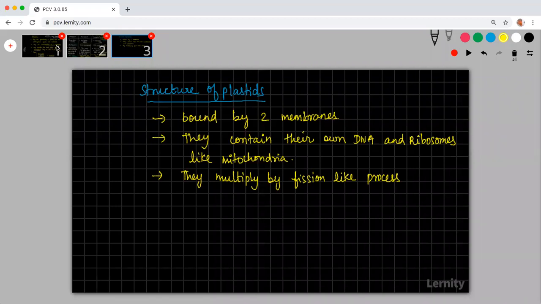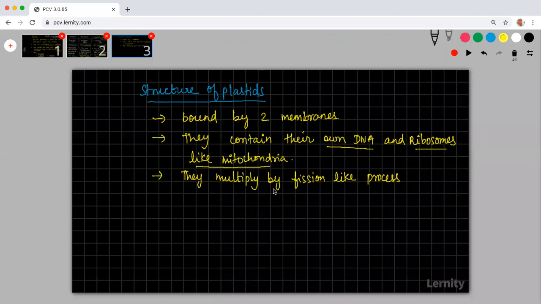If you are going to study evolution and cytology, probably you will learn all those things. But this is too much for the 11th standard level. So you just understand that plastids are semi-autonomous structures which will have their own DNA and ribosomes, similar to mitochondria.